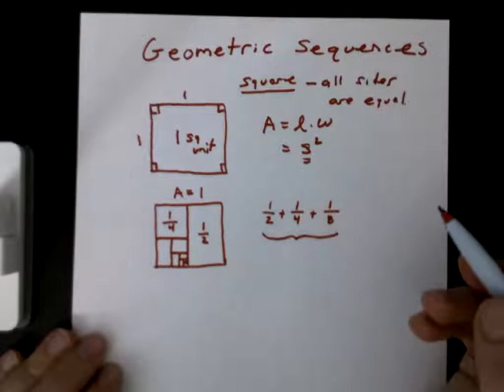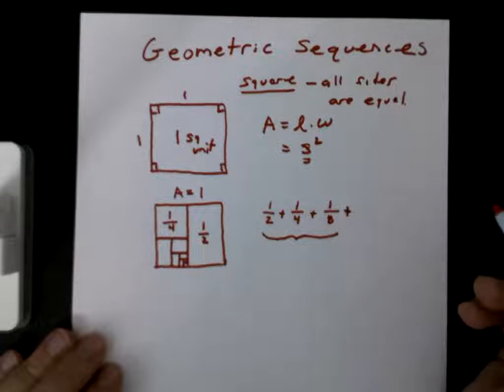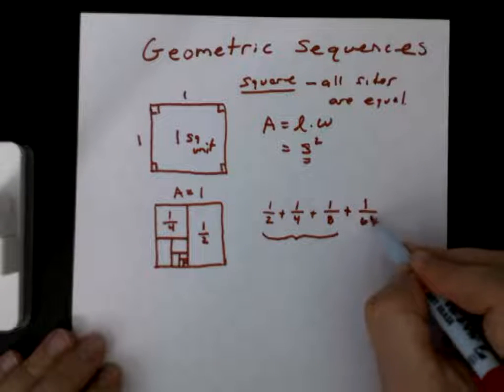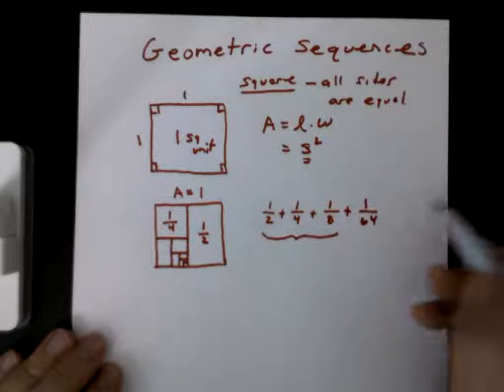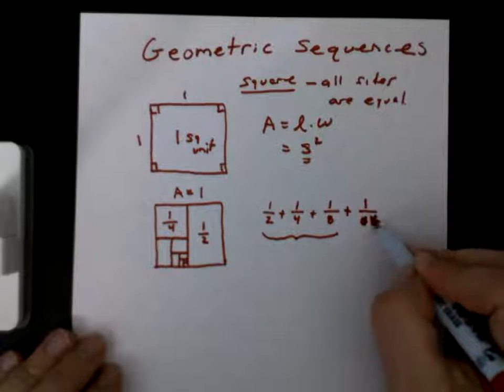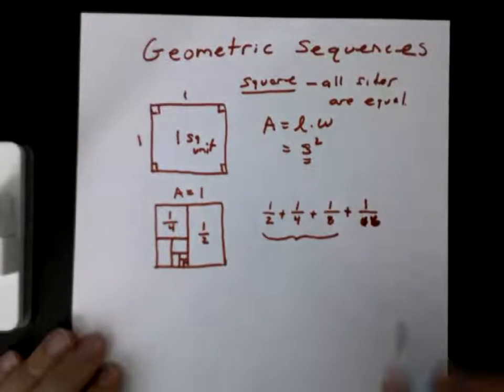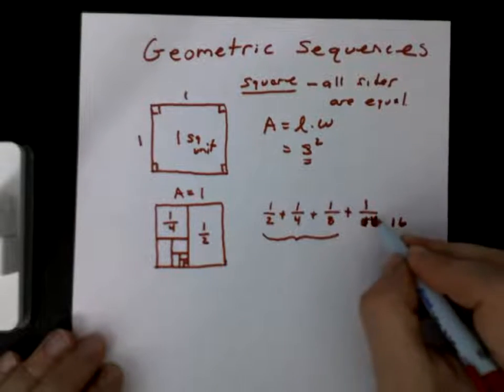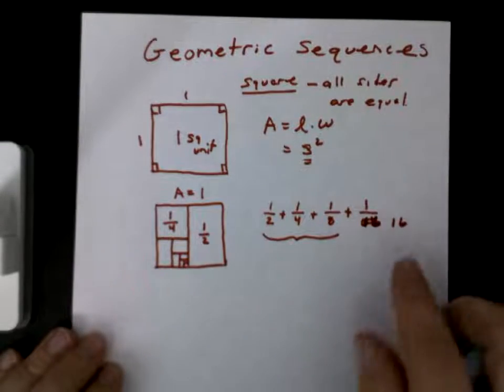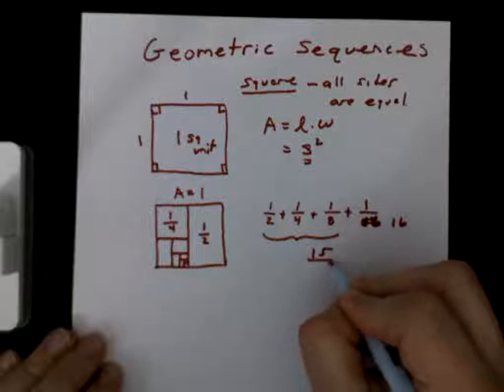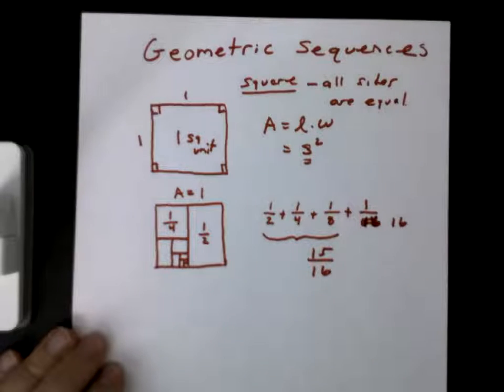And out of curiosity, if you did one more cut, that's 1/16. If you add all these four up, you get 15 over 16. That is very close to 1, but it's not quite there.